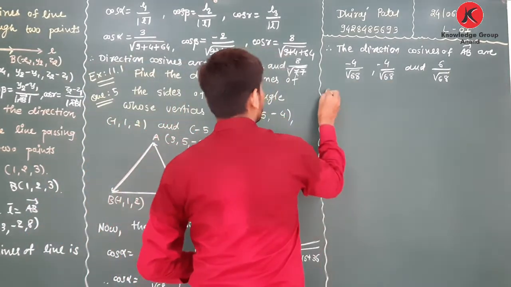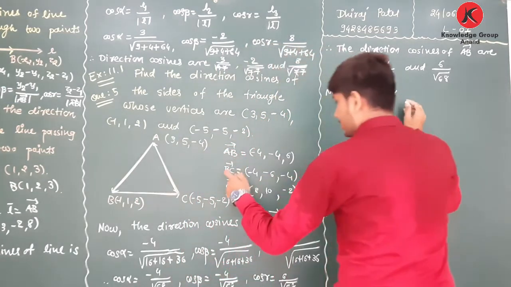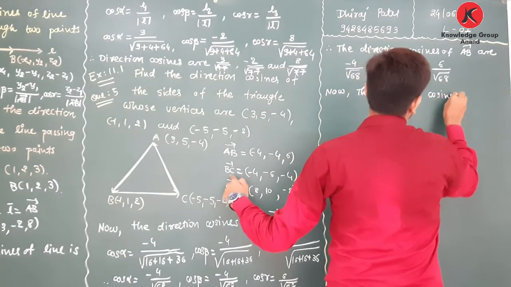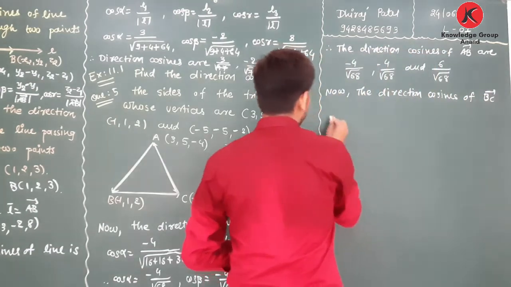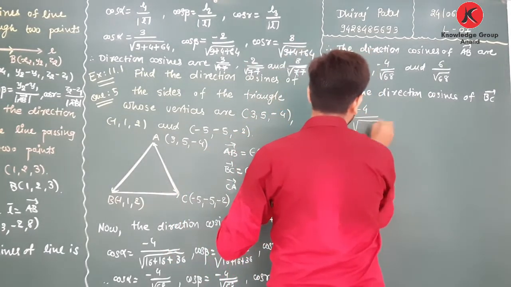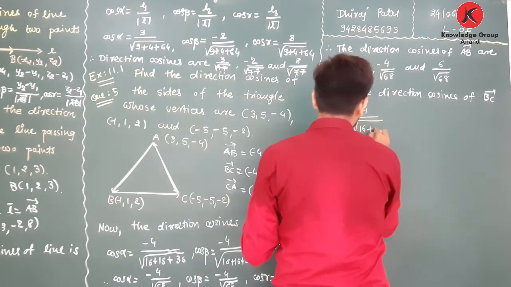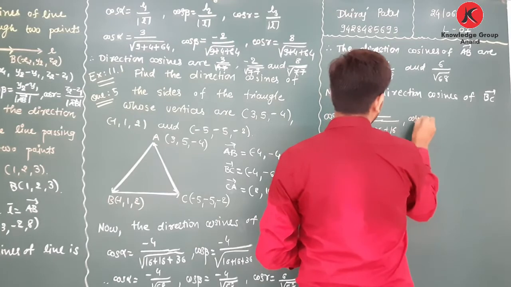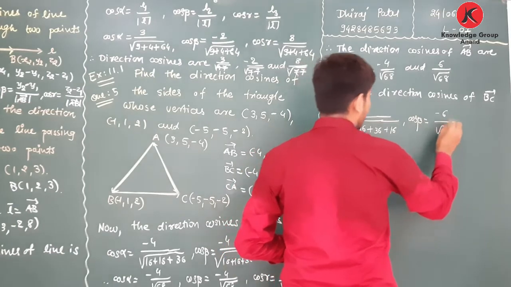Next we are going to discuss now the direction cosines of vector BC, which is given as cos alpha which is equals to minus 4 divided by under root minus 4 square 16, minus 6 square 36, and plus minus 4 square 16, same as cos beta which is equals to minus 6 by root 68, direct लिखता हूँ.